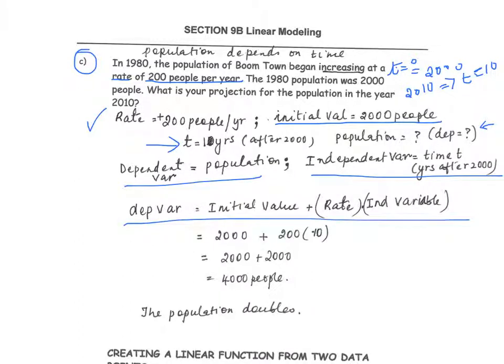So we write down the equation, y equals b plus mx. It's the same as y equals mx plus b. Plugging in the numbers, the independent variable is 10 because that's 10 years. 200 is the rate plus an initial value of 2,000. There's going to be 4,000 people in the year 2010, and clearly the population has doubled in 10 years.